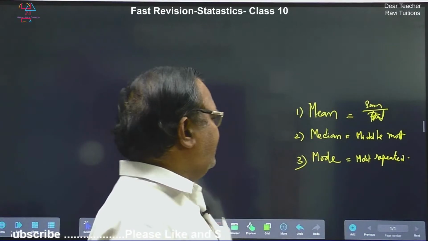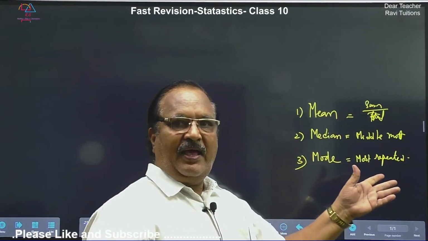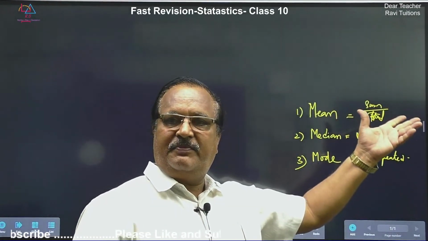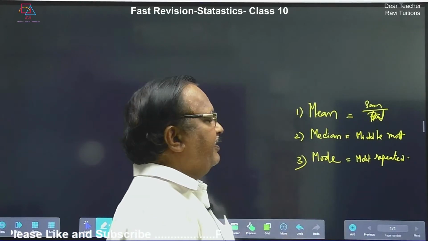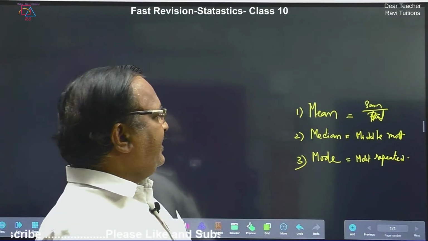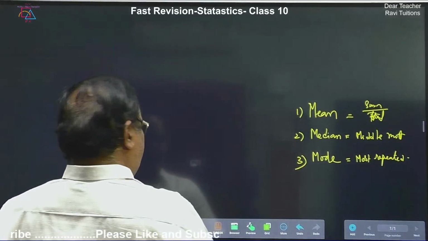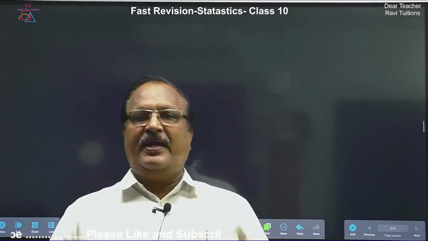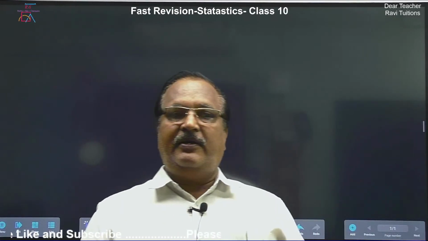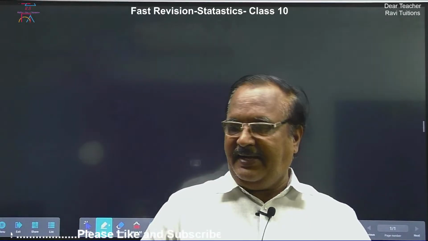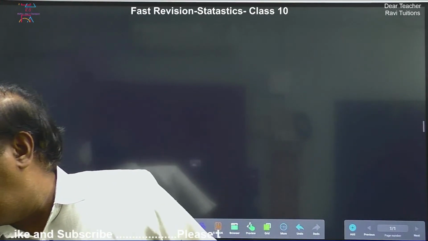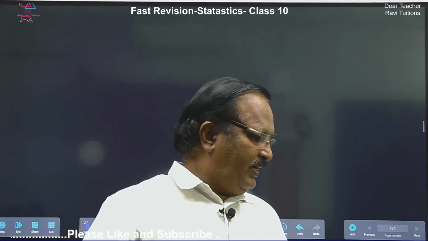Right. So mean is average, sum of the observations by total observations, right? Median, middlemost, mode, most repeated. So there is no change in that. Now the thing is we have to find mean for a question.